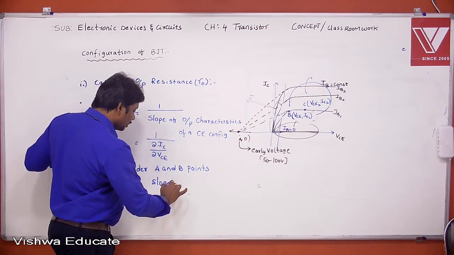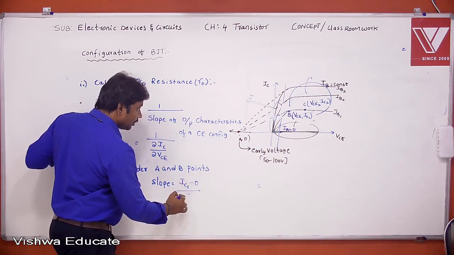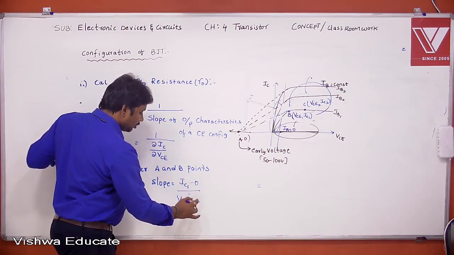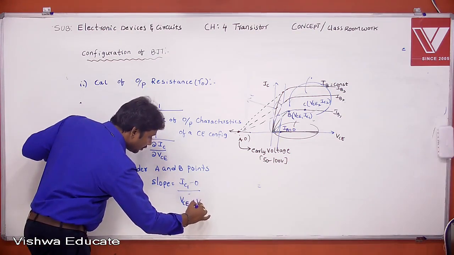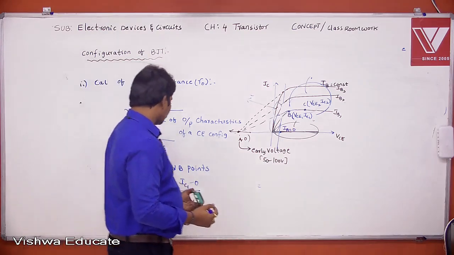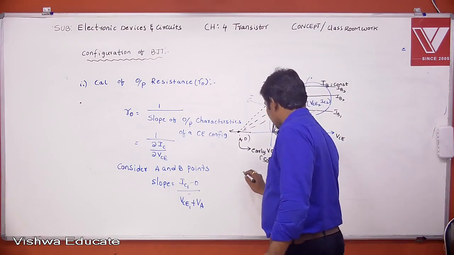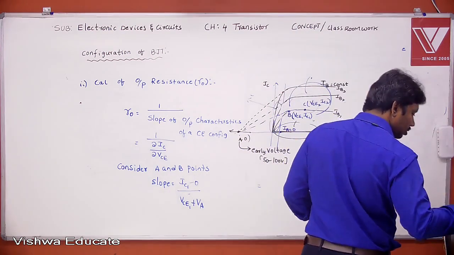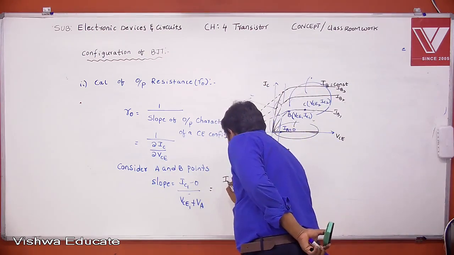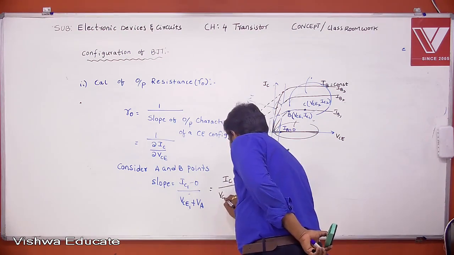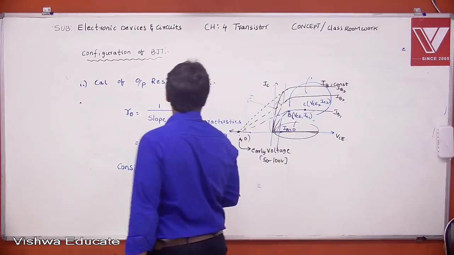The slope is nothing but IC1 minus 0 by VC1 plus VA. Right? Now tell me, it is IC by VC plus VA. This is the slope.